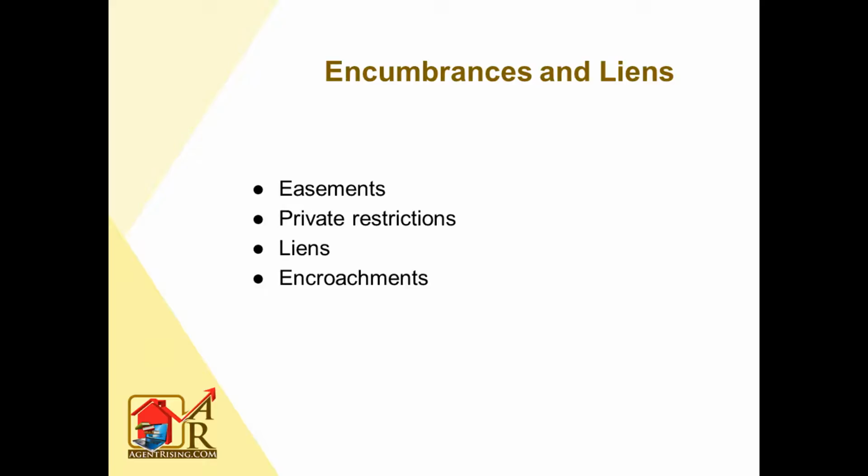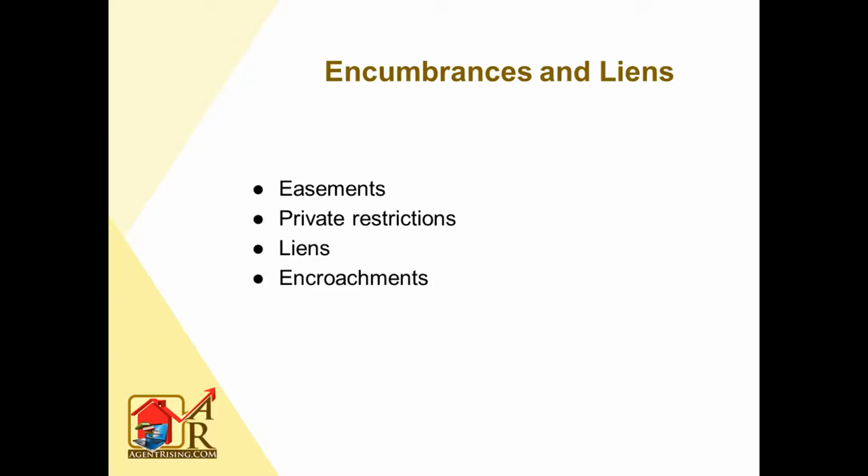And a lien is a right given by law to certain creditors to have their debts paid out of the property of a defaulting debtor, usually by means of a court sale. Where we see this is, like, a mechanic's lien. If a mechanic did some work on your house and you didn't pay them, they could file a lien against you.